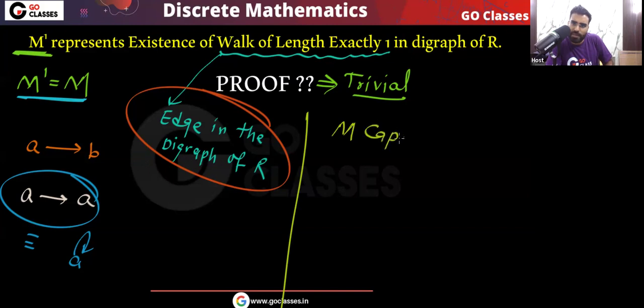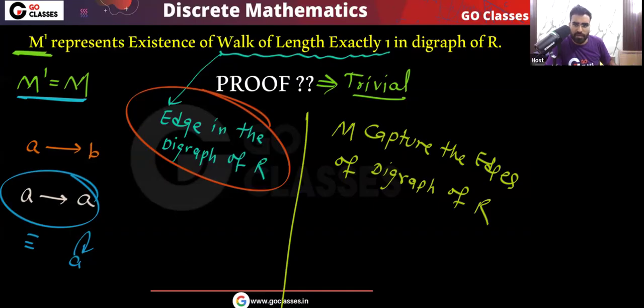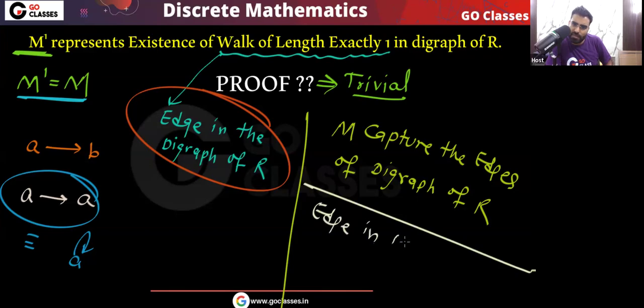We already know that m captures the edges of the diagram of R. And you already know that an edge means walk of length 1. What is an edge in the diagram of R? That is basically walk of length 1.